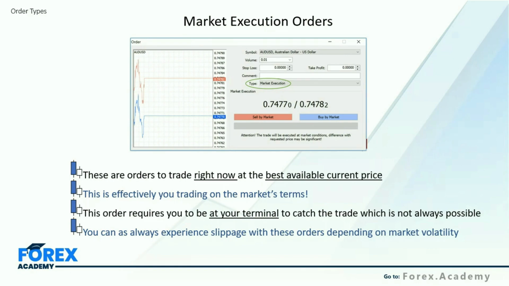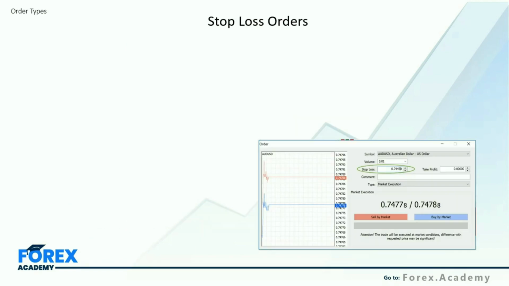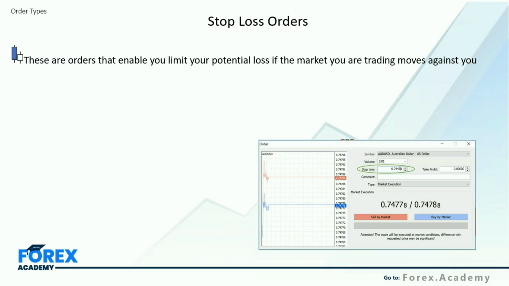Okay, so in addition to market execution orders, what we can also place in the market, and it's good practice that we do so, is a stop loss order. These are orders that enable you to limit your potential loss if the market you are trading moves against you.